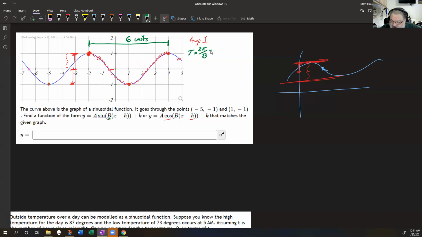And we need this to equal 6. That's going to allow us to solve for that B. So 2 pi over 6 is equal to B. If we multiply by B and divide by 6, that's your pi over 3.